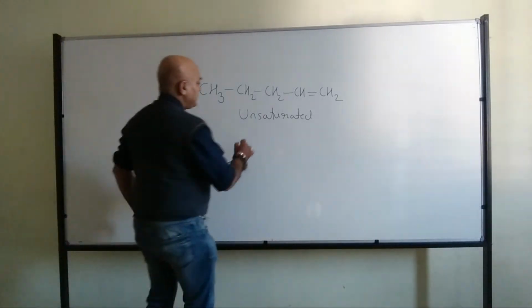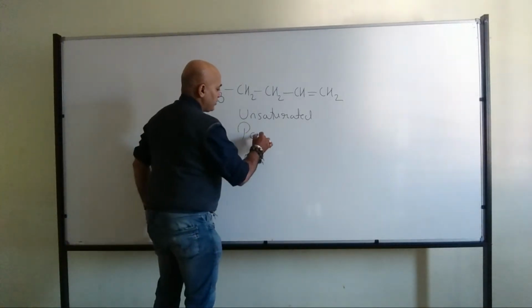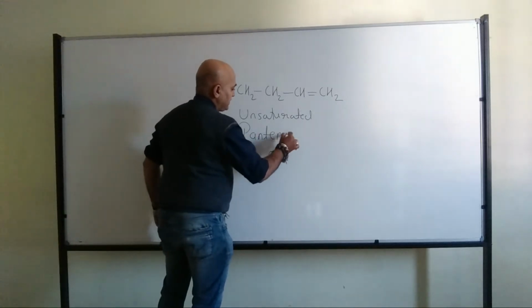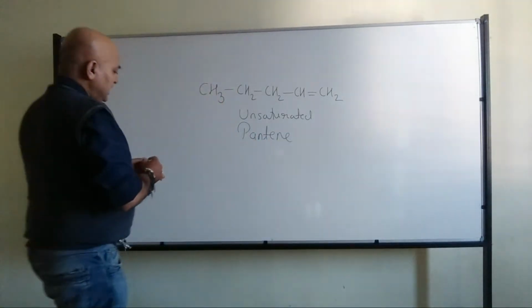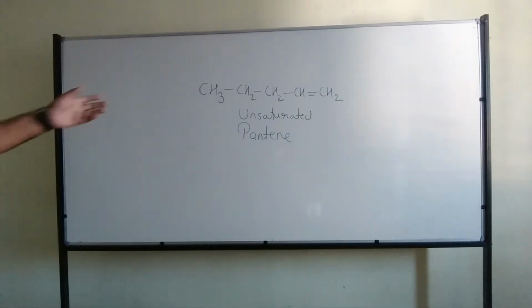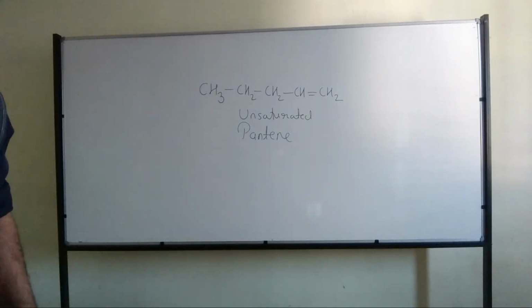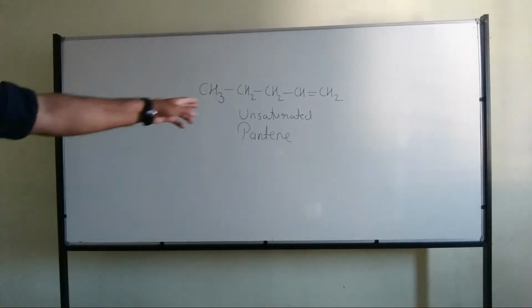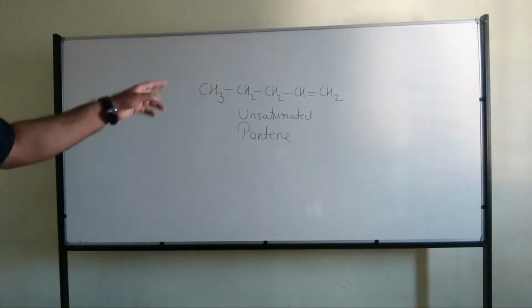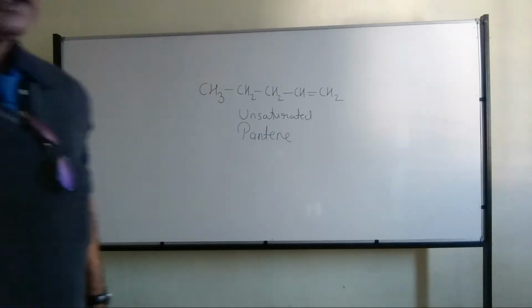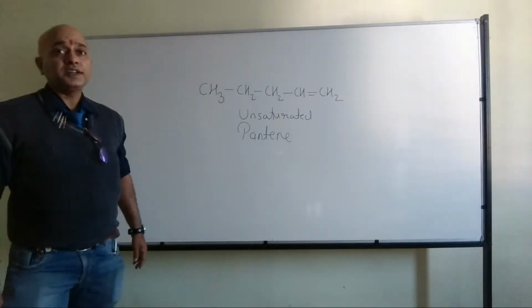It is pentene. This molecule is nothing but pentene. Pent-1-ene, or pentene. If you write pentene, it's understood. At the first carbon, there is an unsaturation, that is a double bond because of ene. If a triple bond is there, it is pentyne, y-n-e. Now here it is a double bond.